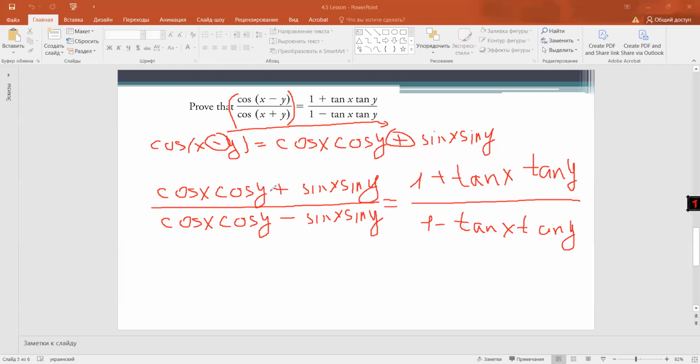Is that correct? Any ideas, guys? What would be the next step?